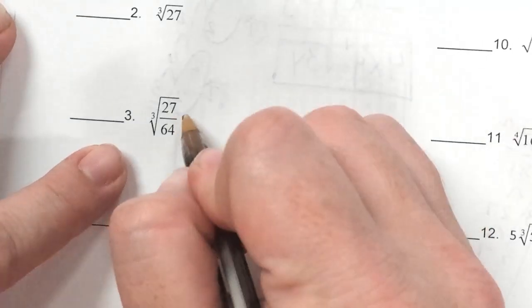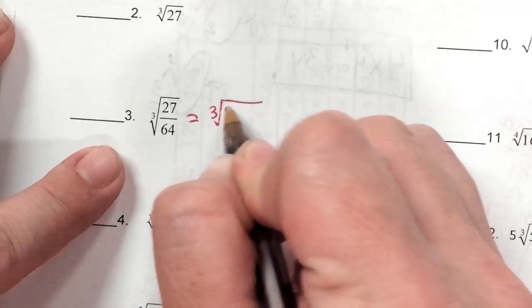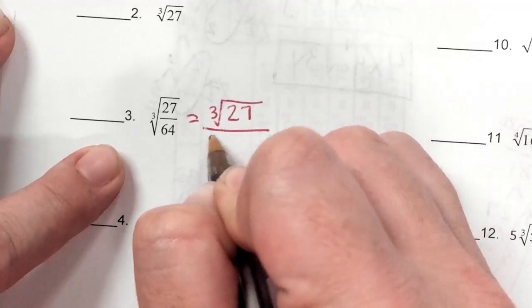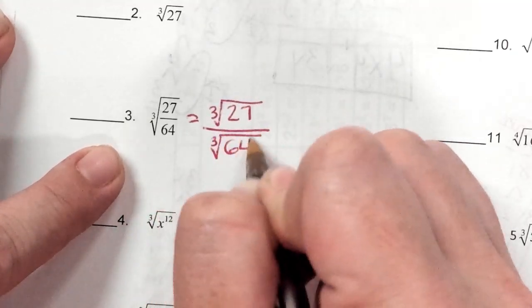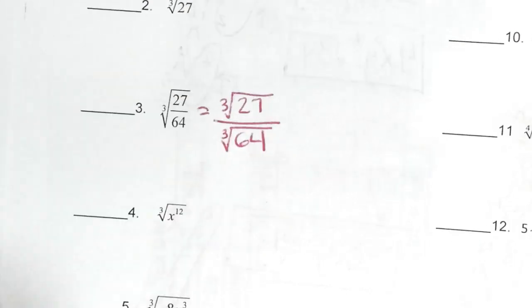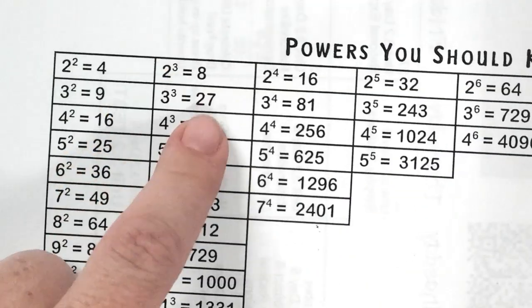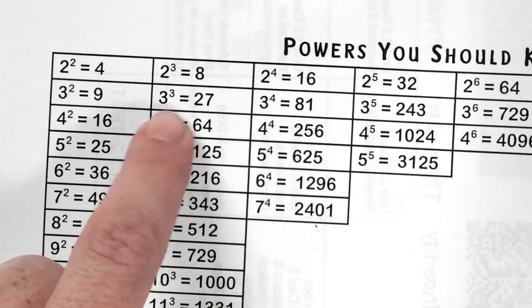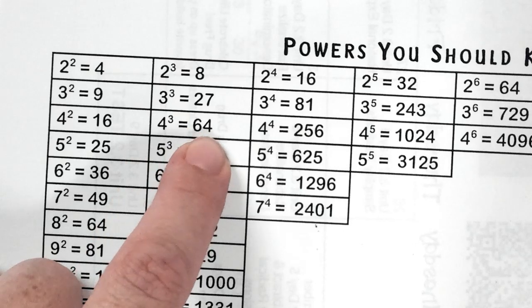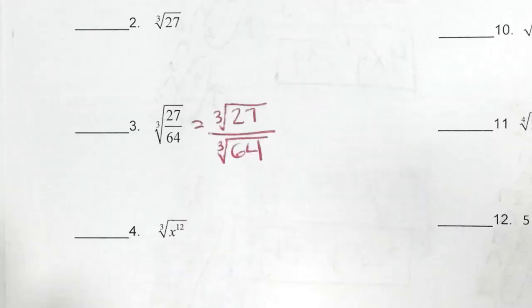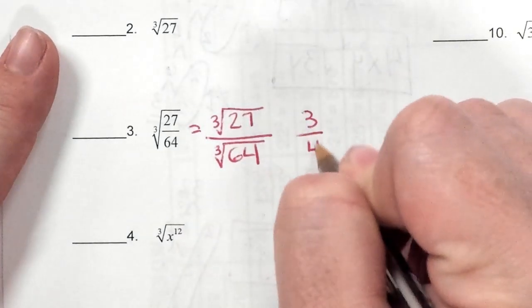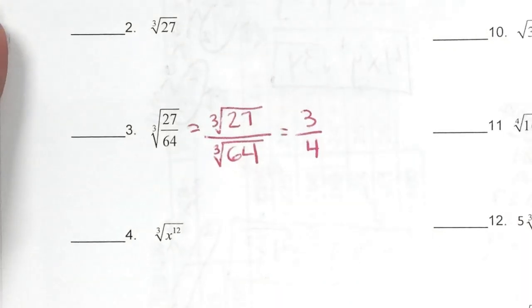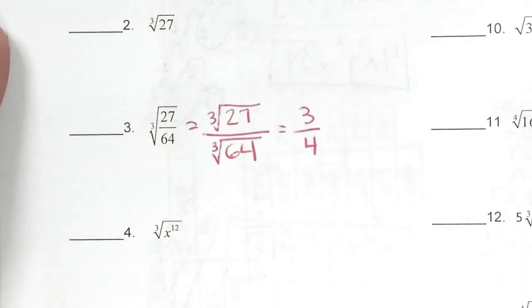So I can rewrite this as the cube root of 27 over the cube root of 64. Well, you don't even have to factor tree these because you can always look here first. Is 27 a perfect cube? So what's the cube root of 27? What's the cube root of 64? So this just becomes 3 over 4. Does that simplify? No, so there's my answer.